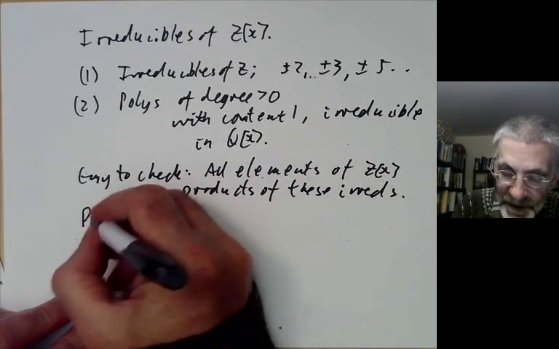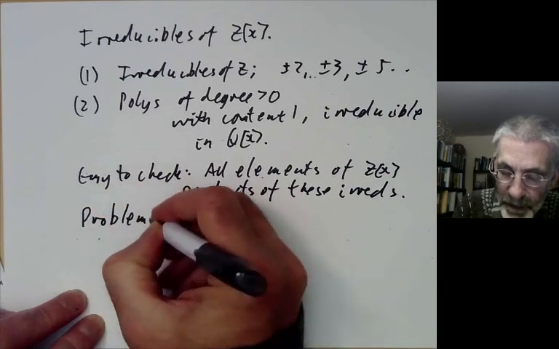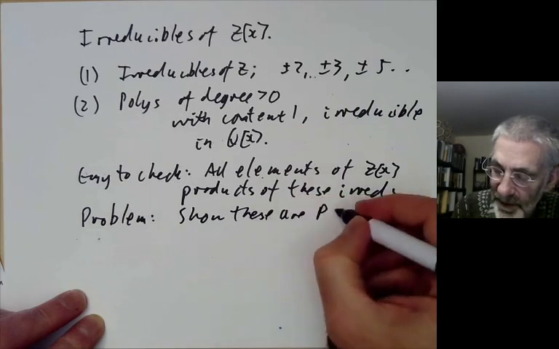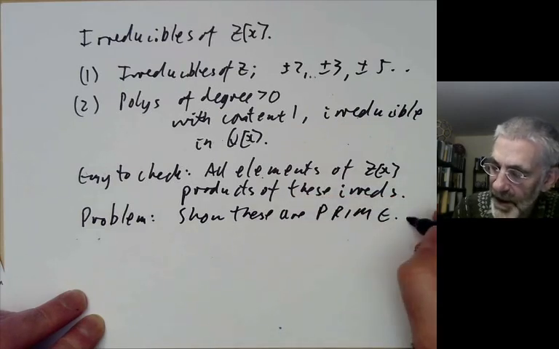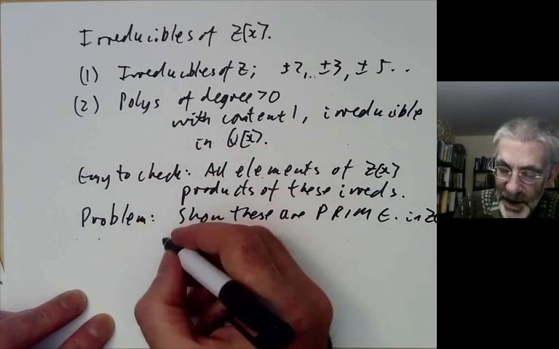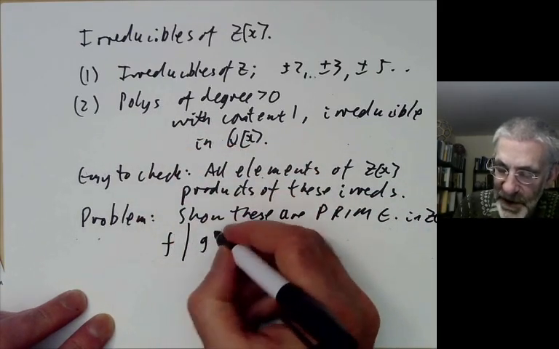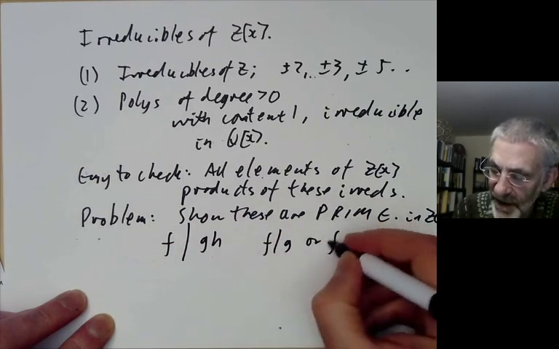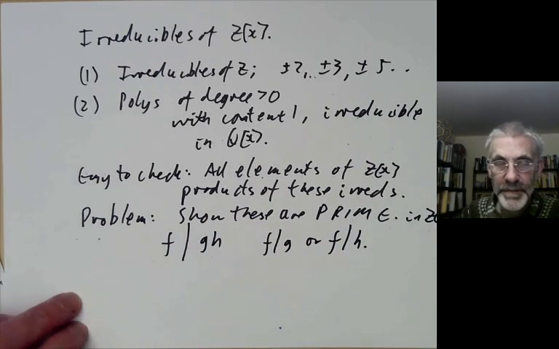And the problem we have to show is to show these are prime in Z[x]. In other words, we've got to show that if f divides the product of two polynomials g h, then f divides g or f divides h.